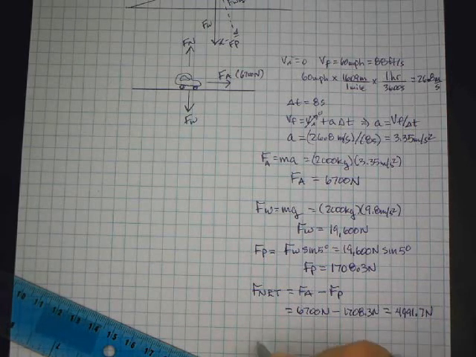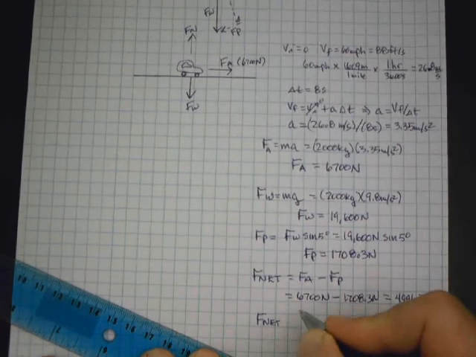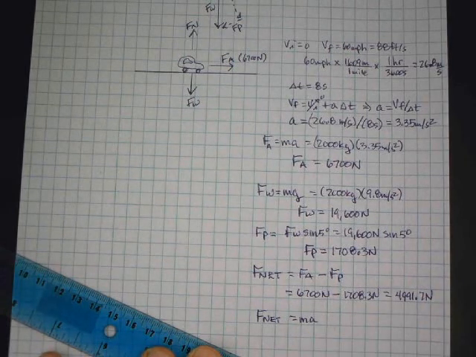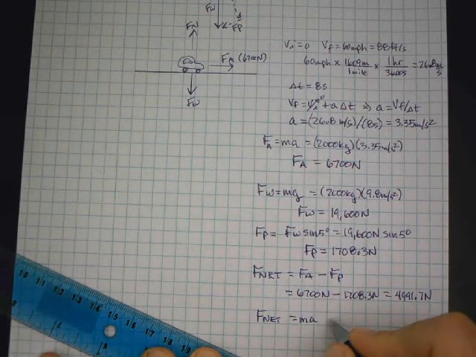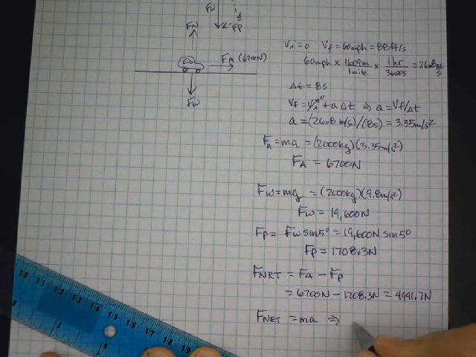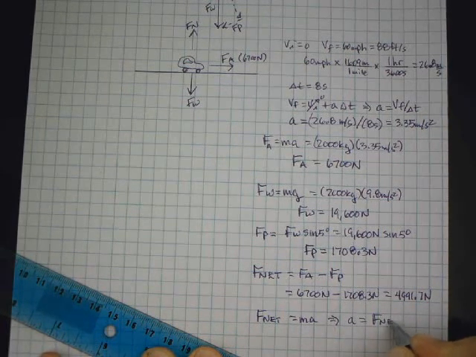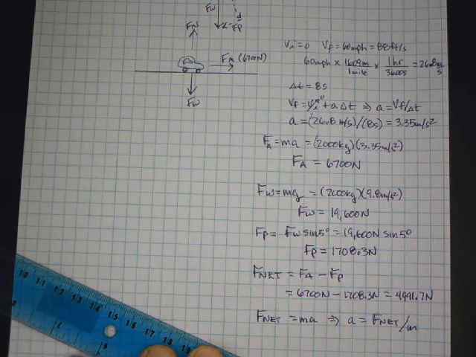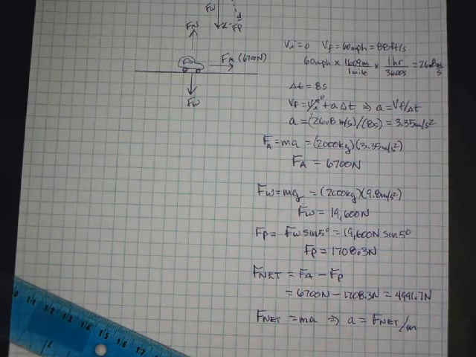So now that I have that, remember that all forces can be written as F equals ma, which means then I can rearrange to solve for the actual acceleration now going up the hill.